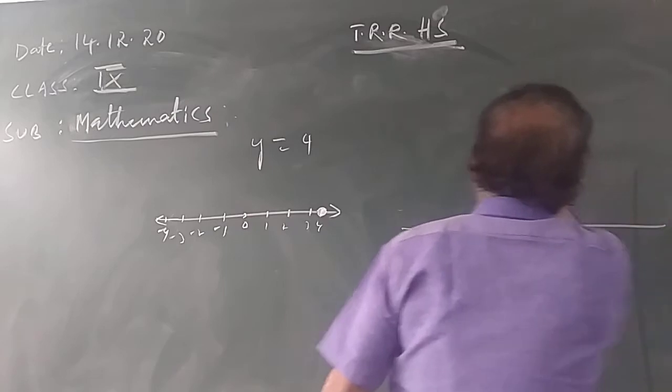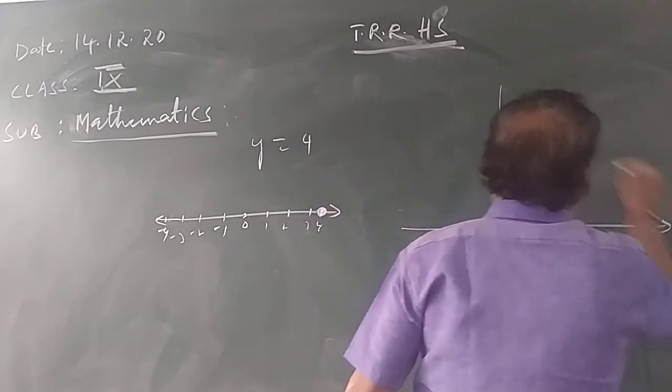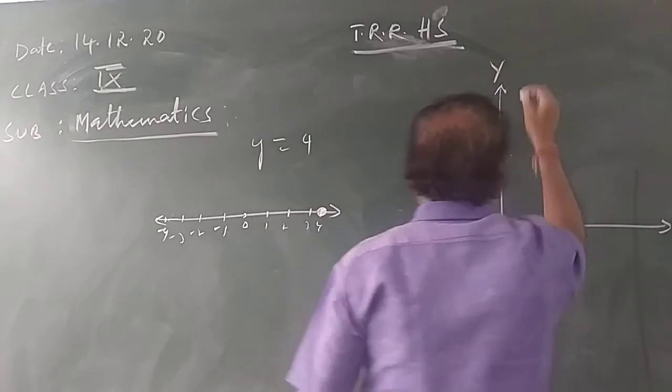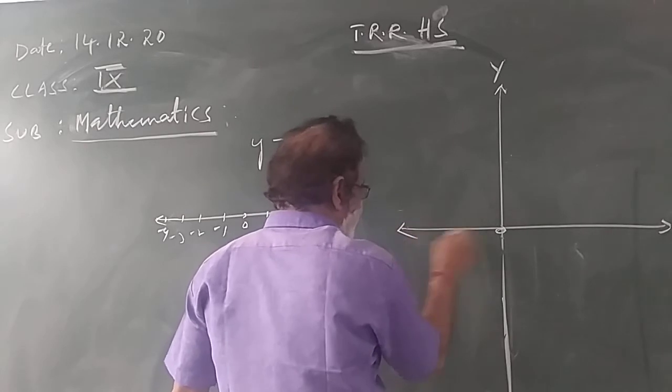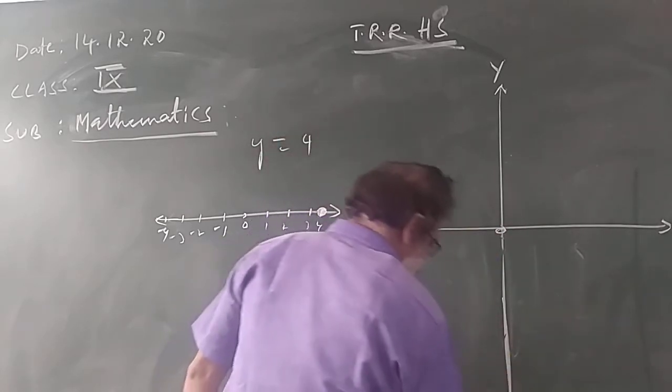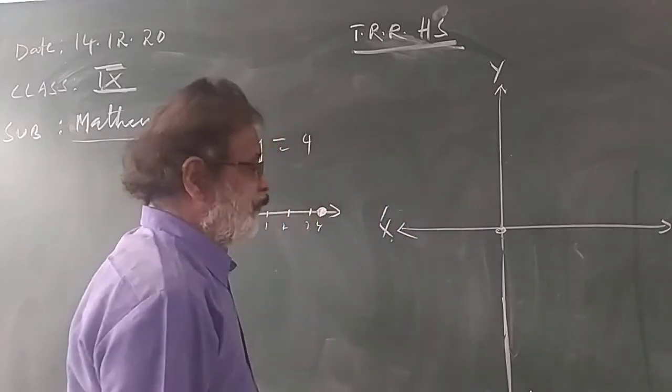Now the Cartesian plane. This is the x-axis, this is the y-axis. The meeting point of the x and y axes is the origin. To the left of the origin is x dash; below the origin is y dash. How many values?